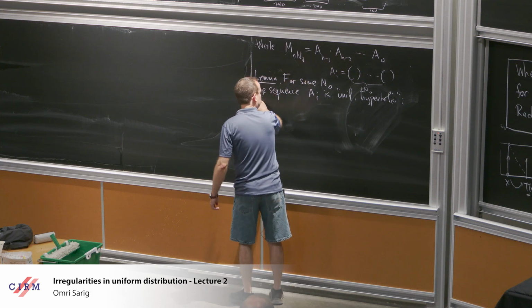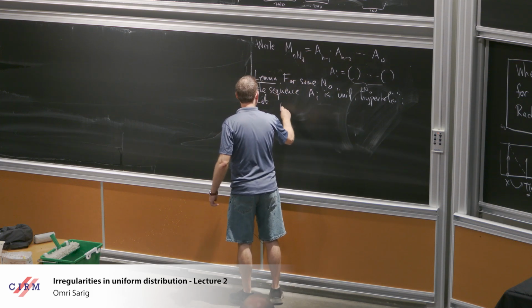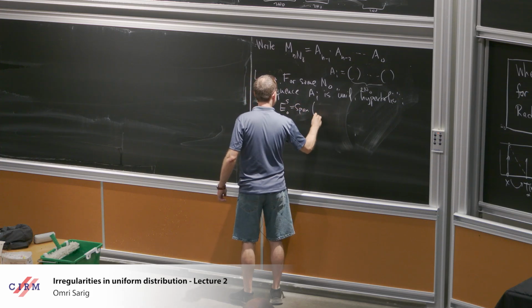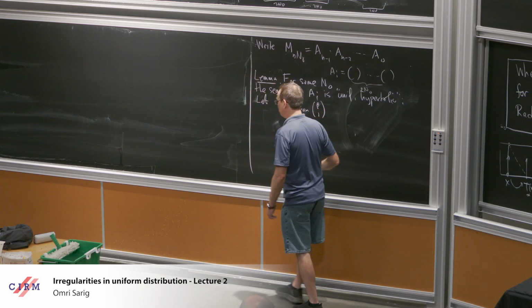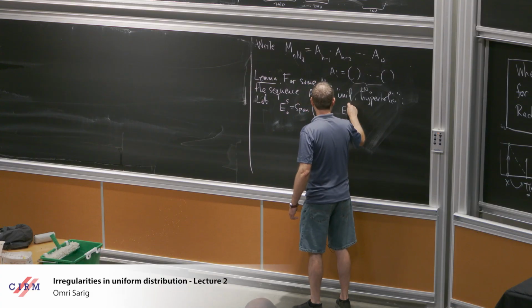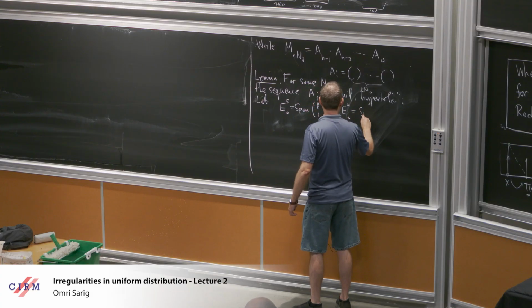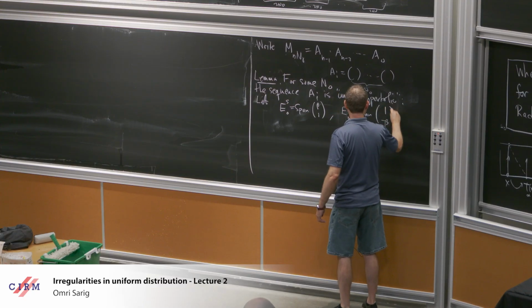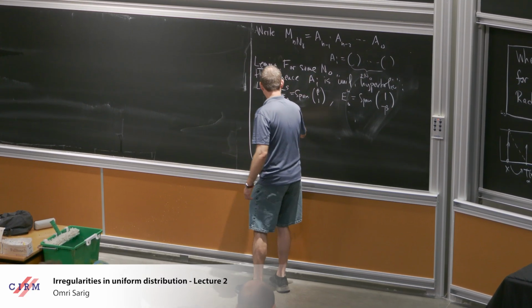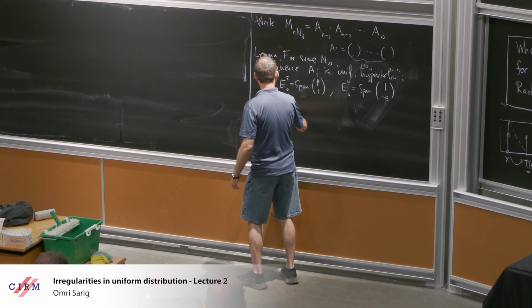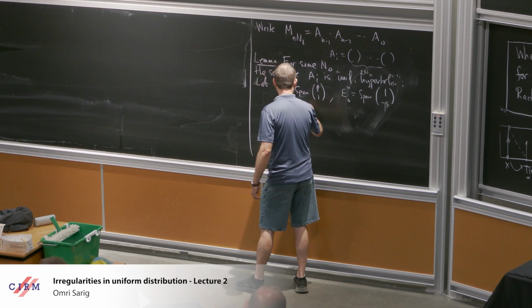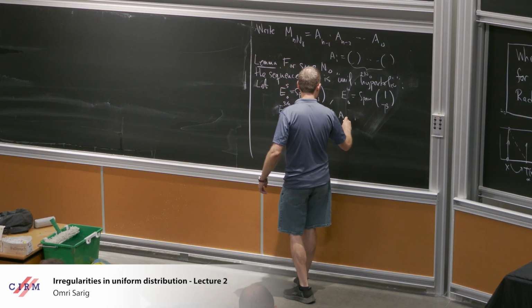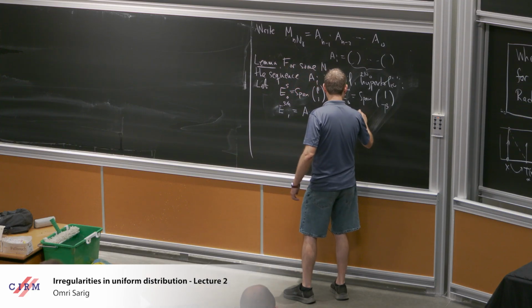So let E^s_0 be the span of beta 1, that's the direction of my flow. And let E^u_0 be the span of the vector which is orthogonal to it. And let E^{s/u}_i be A_i ... A_1 applied to E^{s/u}_0.